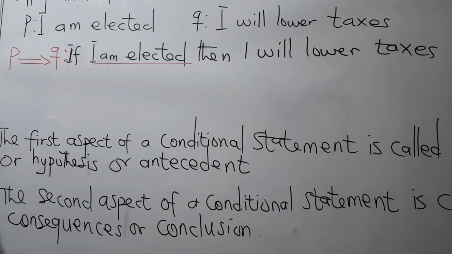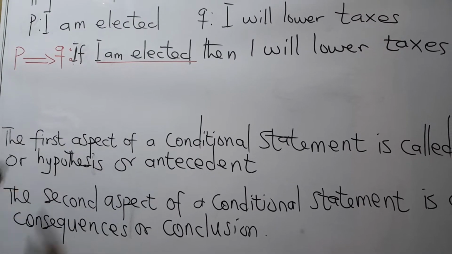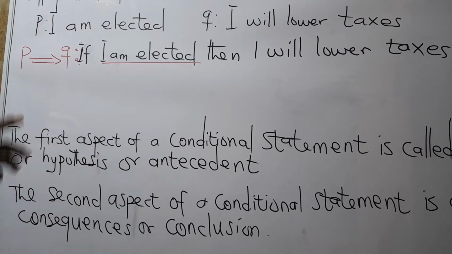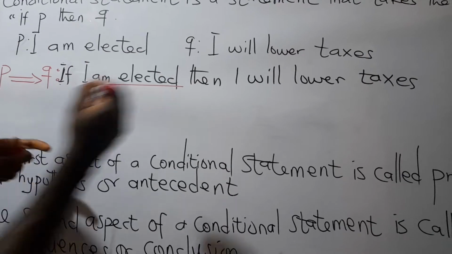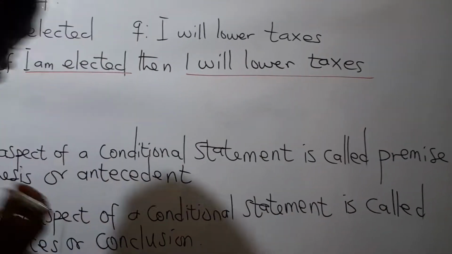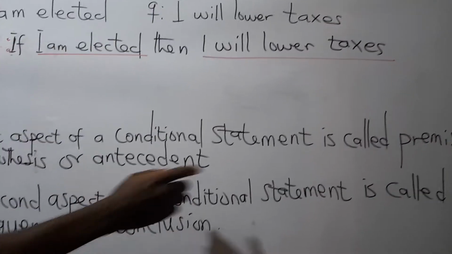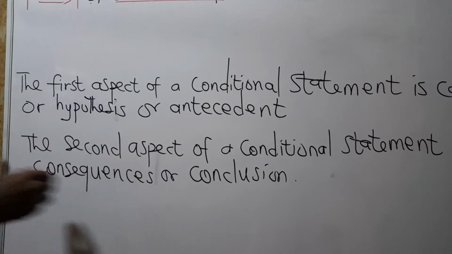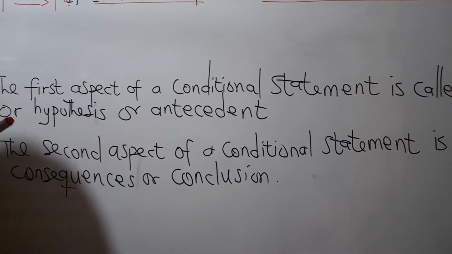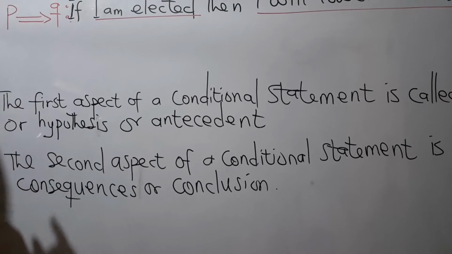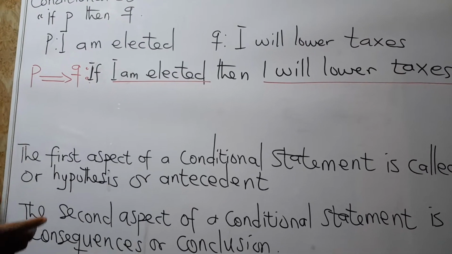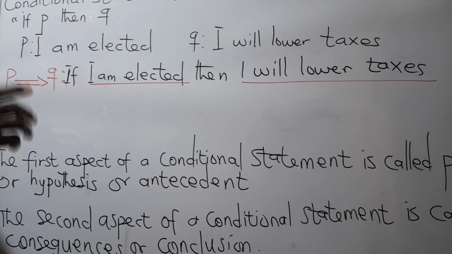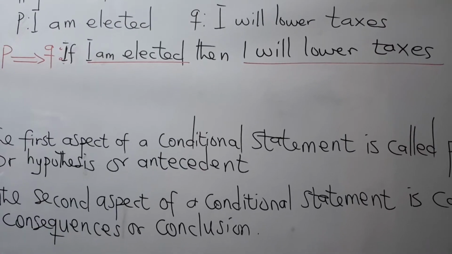Now the second aspect, that's I will lower taxes. The second aspect of a conditional statement is called the consequence or the conclusion. So please take notice of it. The first aspect is called the antecedent or hypothesis or the premise, and the second aspect is called the consequence or the conclusion.